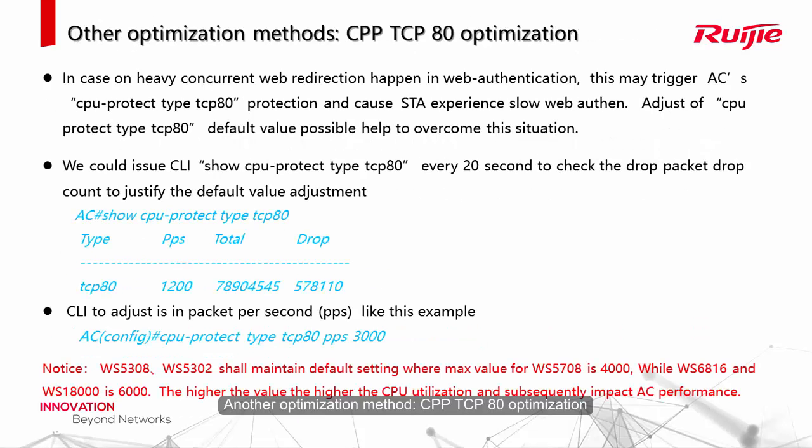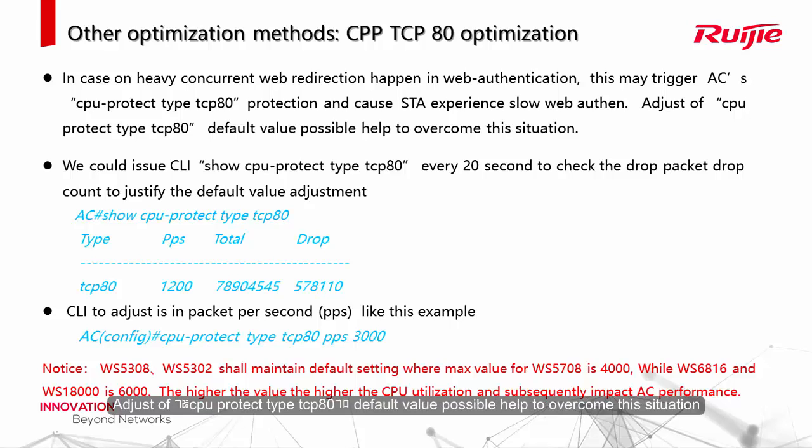Another optimization method, CPCAR TCP at zero optimization. In case unheavy concurrent web redirection happen in web authentication, this may trigger AC's CPU protect type TCP at zero protection and cause STA experience slow web authentication.